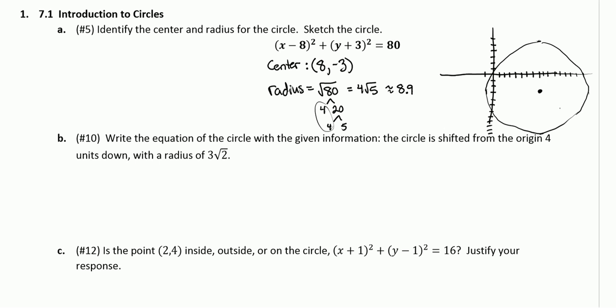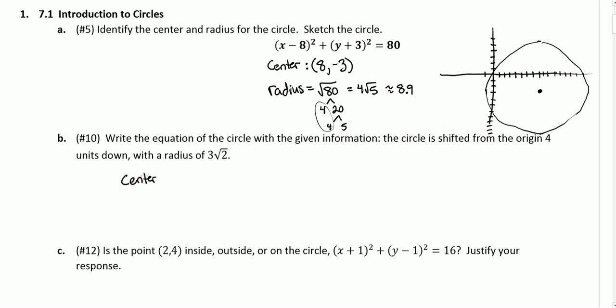So the next one, part B, we're taking from number 10 on our first homework. And we're to write the equation of the circle with the given information. The circle is shifted from the origin 4 units down with a radius of 3√2. So we want to get our center of the circle, and our radius is given to us already at 3√2.